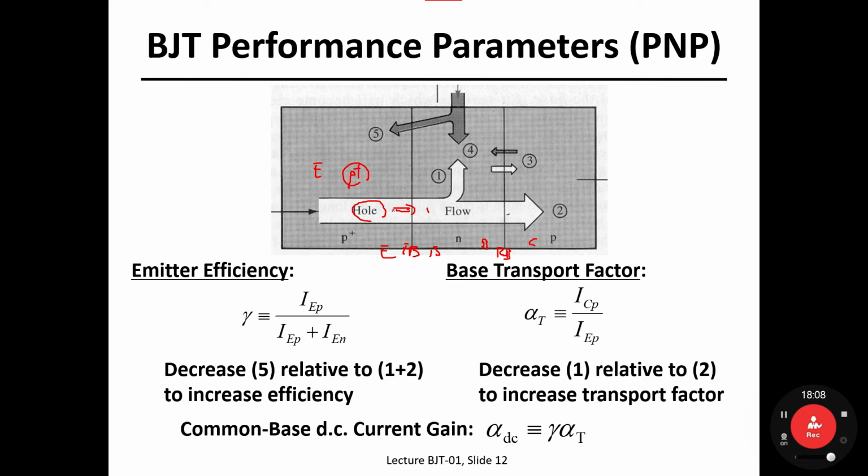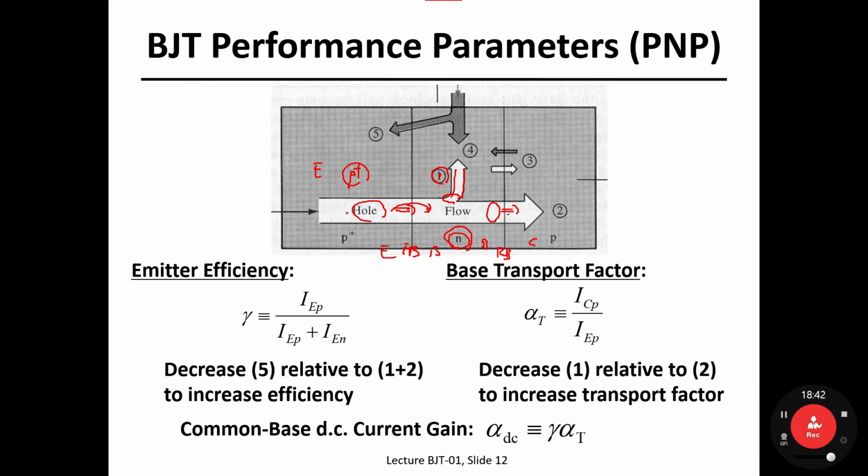So once holes have been injected into the N side, they become the minority carriers in the N side, and they diffuse toward the collector side. But part of it, as drawn here and denoted as number 1, part of the injected holes from the emitter should recombine with the electrons, which are the majority carriers in the N side or base. Okay, and then the rest of them can arrive at the collector side.